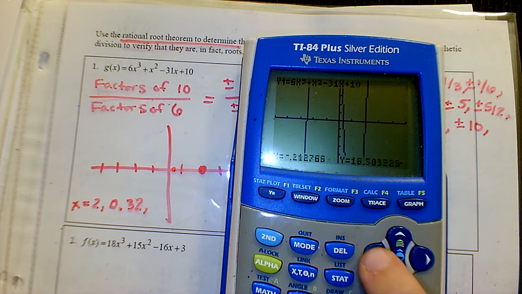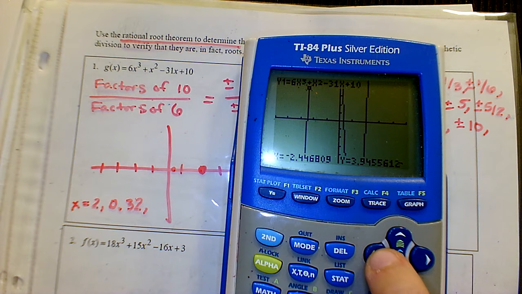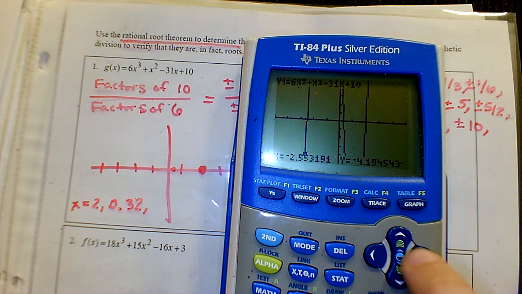And we have another one on the left-hand side. Did I go past it? Oh. So I bounce between negative 2.4 and negative 2.55.